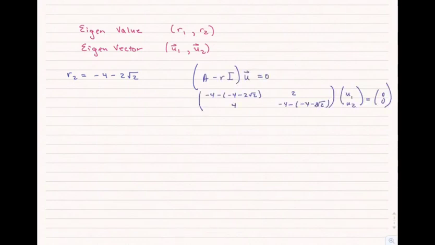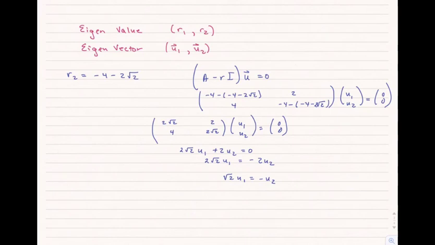This is what I get when I set things up with my second eigenvalue. And now I'm going to go ahead and solve for an eigenvector. That's my first step. And then I'll take, again, just one of the rows because these are actually dependent rows, and I come up with the following. Here are my u1 and u2s, and that gives me the following. Again, you use the opposite numerical coefficients.